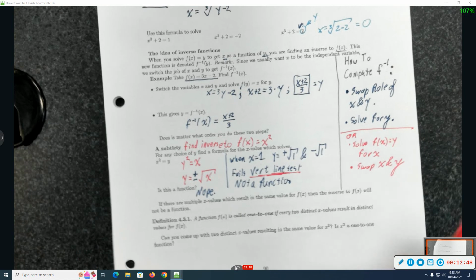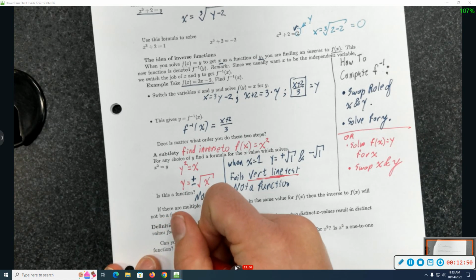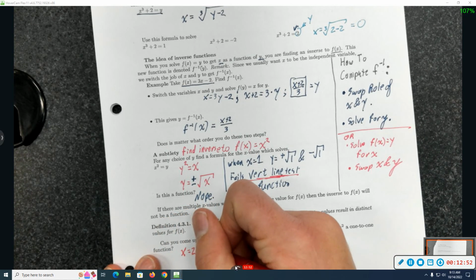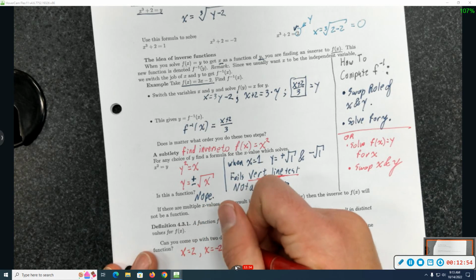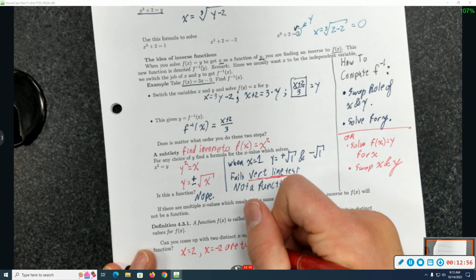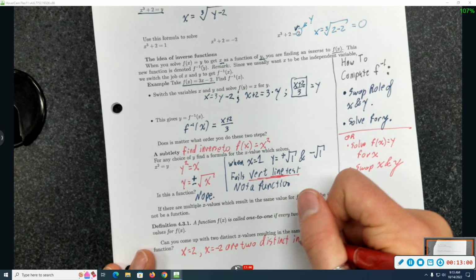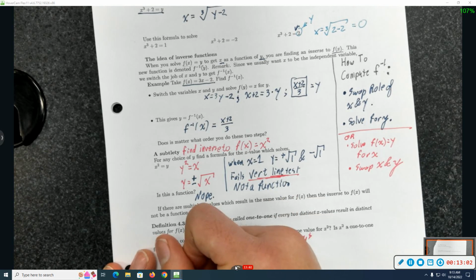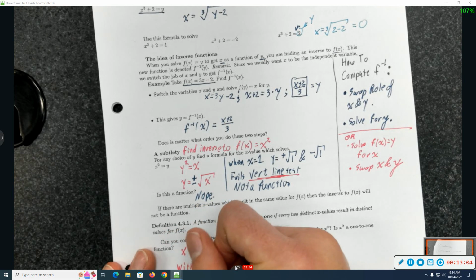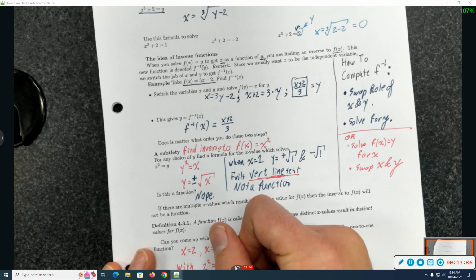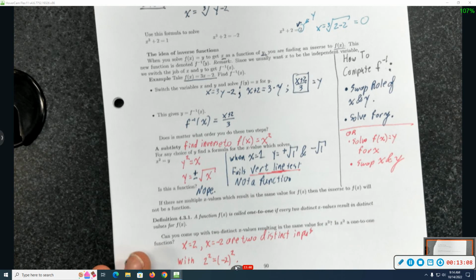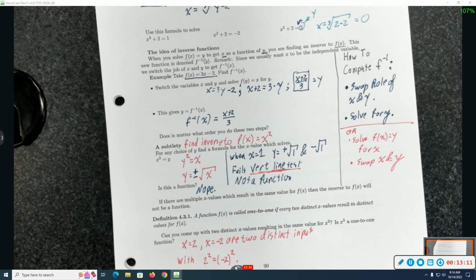So here's one. x equals 2 and x equals negative 2 are two distinct inputs with 2 squared equals negative 2 squared. So is this function one-to-one?